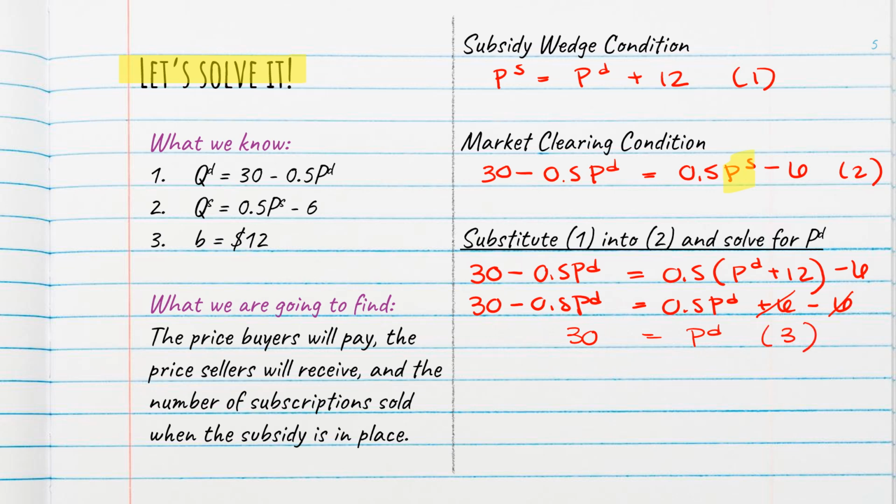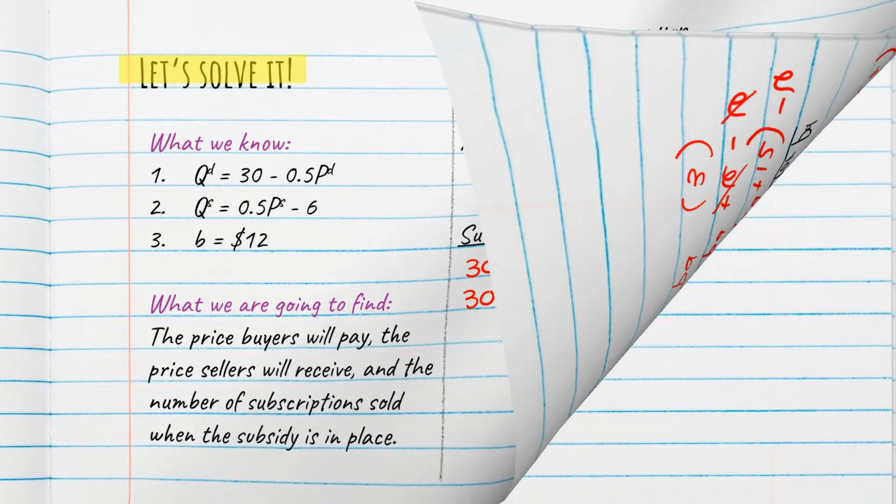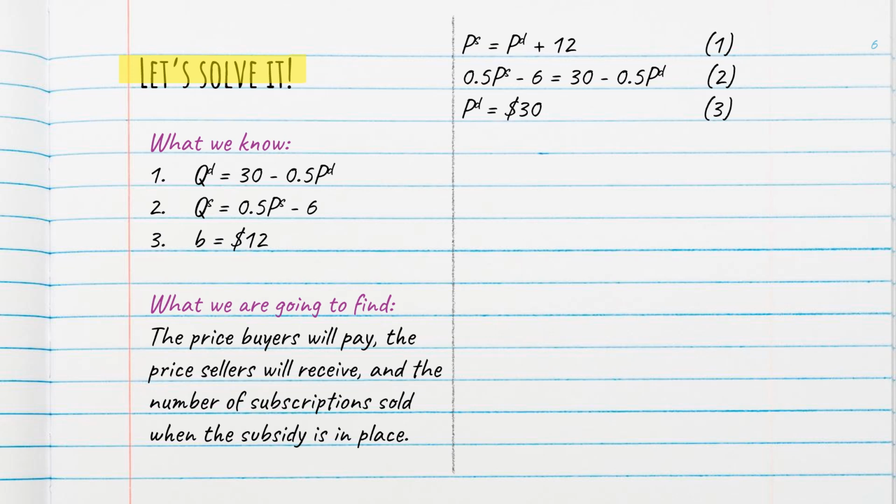So we've done quite a lot already. We already know the price that buyers will pay is $30. So with our subsidy wedge condition and our market clearing condition, we've solved for the price buyers pay. Now we can take that price and substitute it back into the subsidy wedge condition to solve for the price that sellers receive.